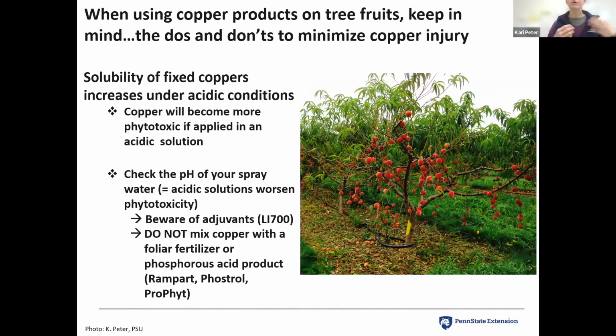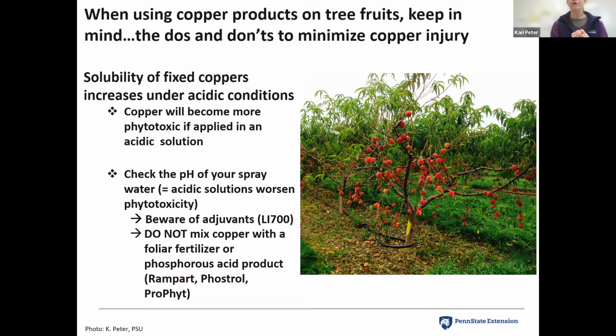Okay, as far as do's and don'ts to minimize copper injury, one thing you need to really solidify in your head is that soluble fixed coppers' phytotoxicity increases under acidic conditions.